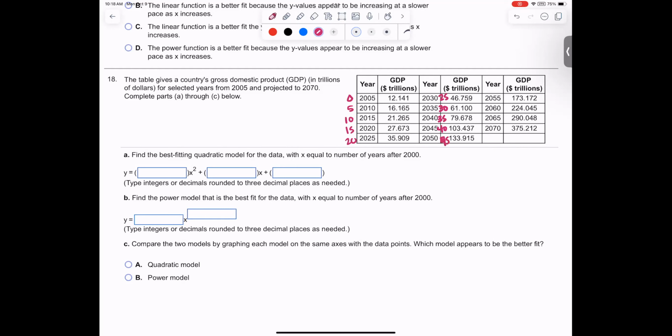I can't subtract. And we got more, don't we? Oops, 50, 55, 60, and 65. So that's what you would put in your X1, and then you put the GDP in your X2. And then you can run a power model and a quadratic model.